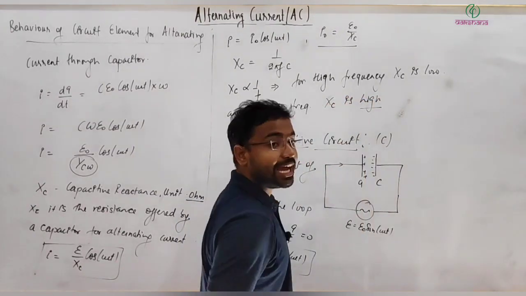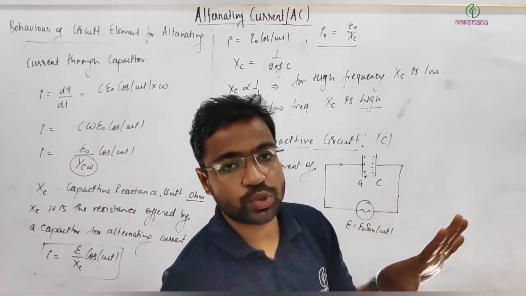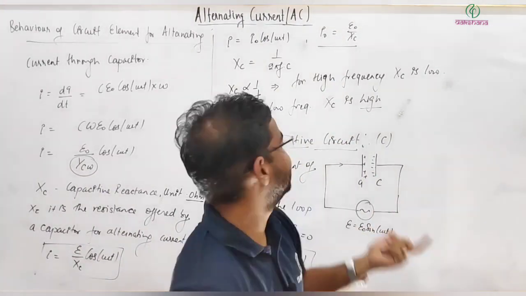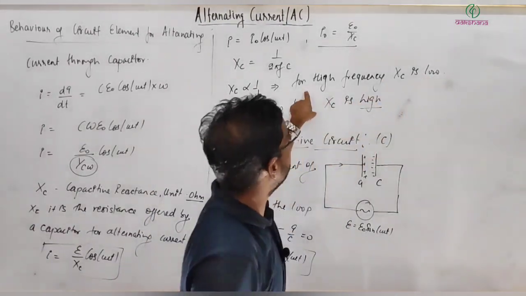High XC means high resistance. So which frequency will it prefer to pass, which will it allow easily? When XC is low, and XC is low for high frequency.